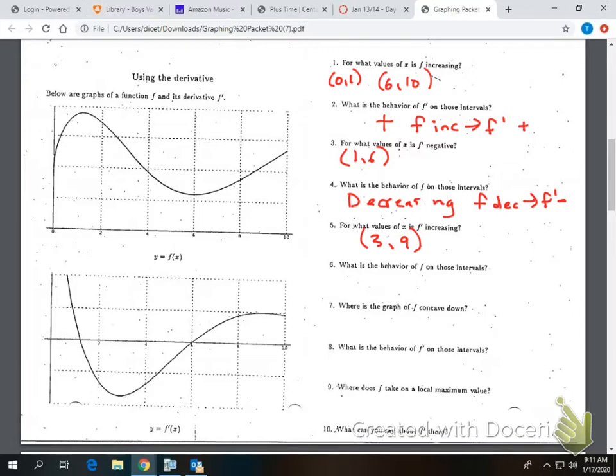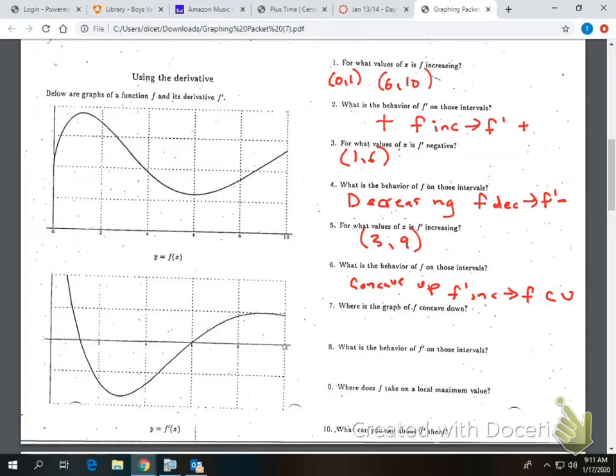It's what we learned last class. It's concave up, isn't it? Isn't that the definition? When F prime is increasing, F is concave up. So what can we conclude again? When F prime is increasing, we can conclude F is CU, concave up.